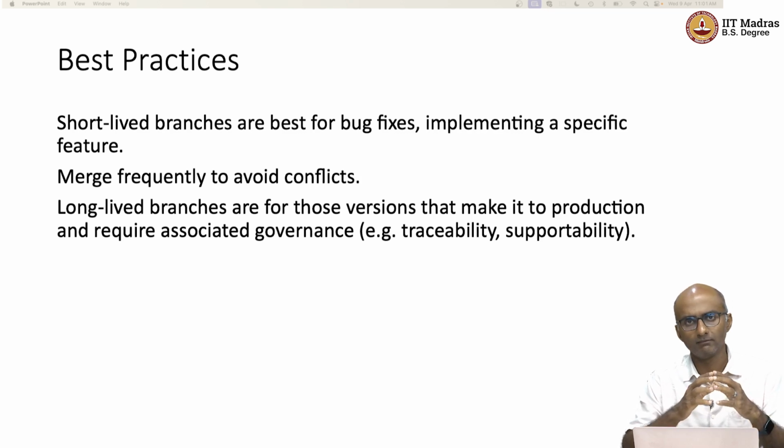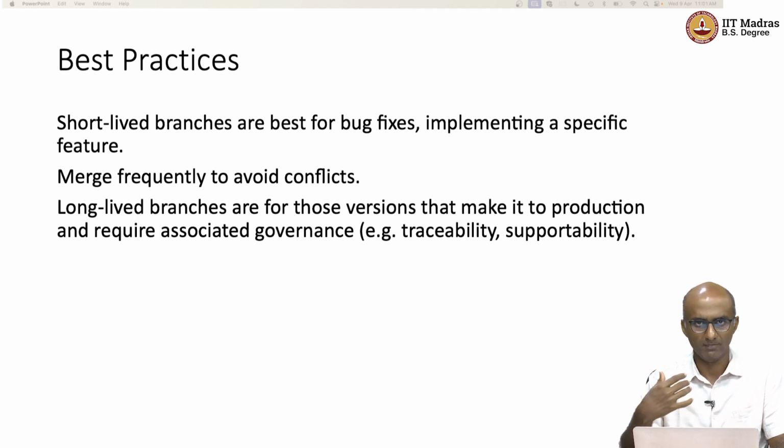So to continue with the best practices, short-lived branches are branches that can be deleted after they've served a particular purpose. So the purpose can be, for instance, a bug fix or implementing a very specific feature. So in which case you create a branch, work on that particular bug fix or a feature, test it out, prove it works, and then you push it back to the remote repo, and then issue a pull request to merge it back to the main branch, and the pull request gets approved.